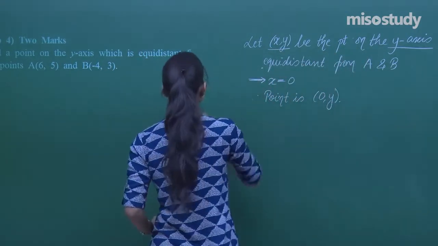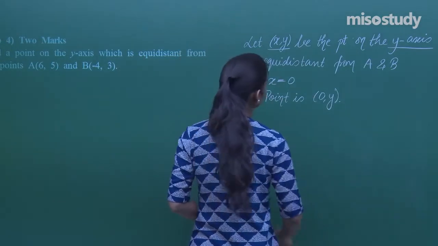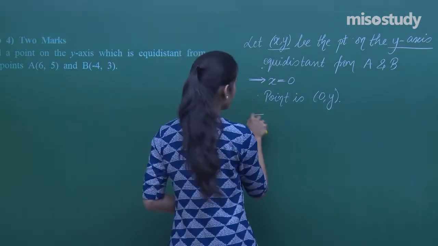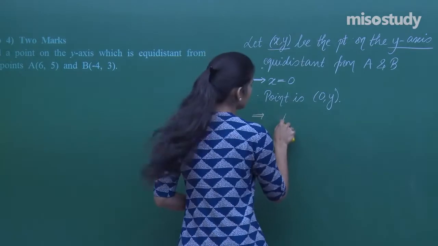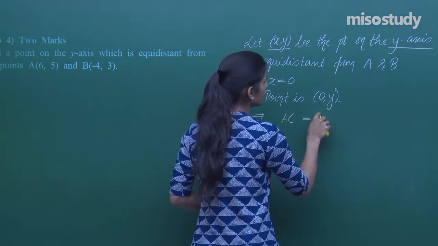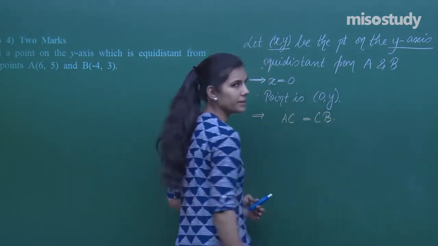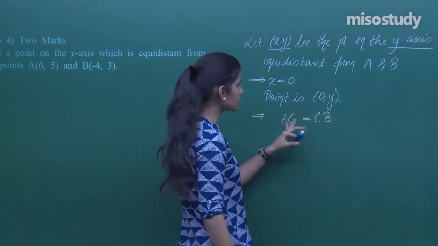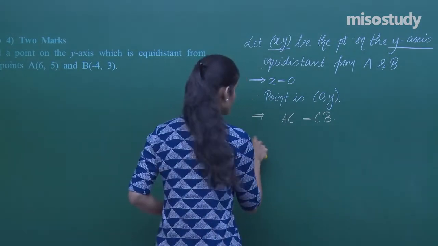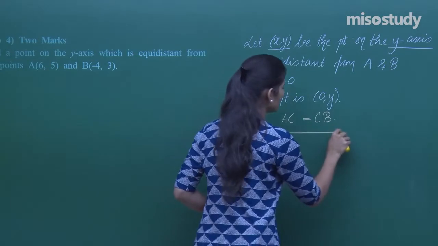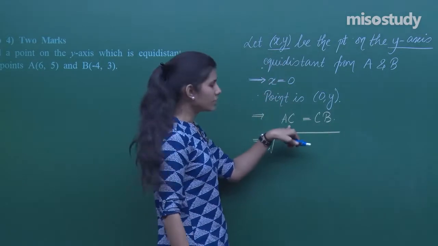because C is equidistant from A and B lying on the y-axis, this implies C's distance from A is the same as C's distance from B. Right? C's distance from A is the same as C's distance from B. So what is this equal to? Under root of, what is this equal to?